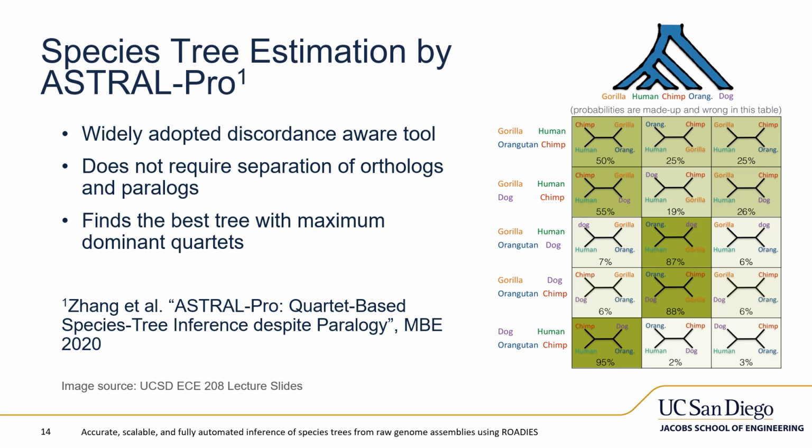One such example is AstralPro, which is widely adopted and used in multiple bioinformatic pipelines. AstralPro estimates the species tree from a list of gene trees given as input. It follows a homology-based species tree estimation. That means it does not require the user to separate out orthologs and paralogs, thus giving a unique opportunity to automate the process and remove these manual steps.